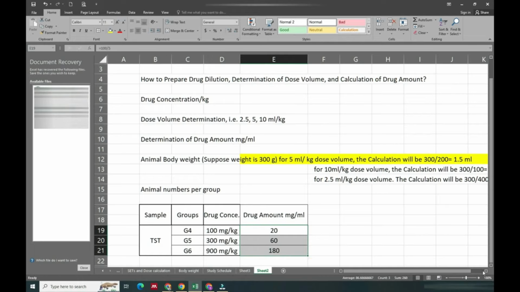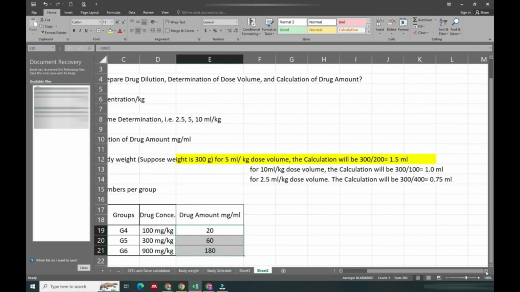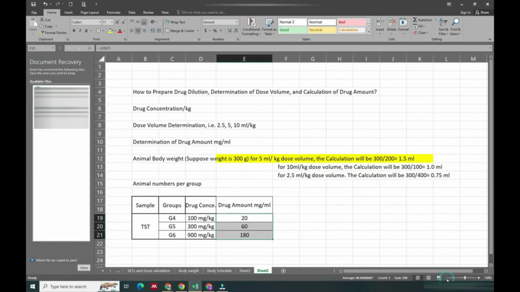We will go ahead. Here we will write the number of animals which we have decided per group, that I will fast forward. Here we are taking 6 animals per group. So I'm writing 6 per group.